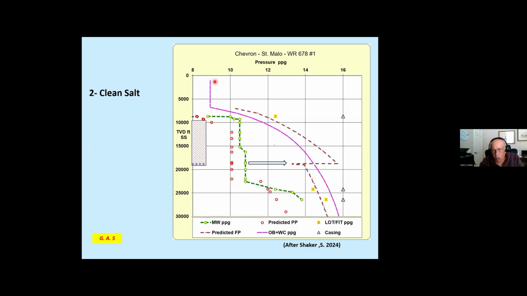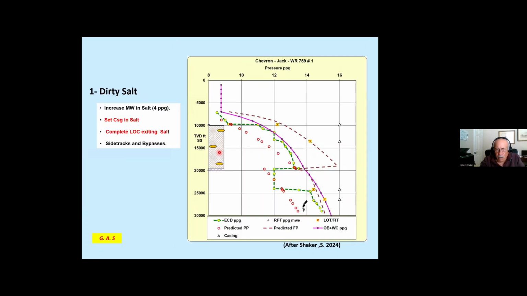Here is your overburden, and here is the frac pressure. So obvious, in a clean salt, this well didn't take long to drill. It's about a month and a half. The previous well with the troubles here took about 3 months to drill.